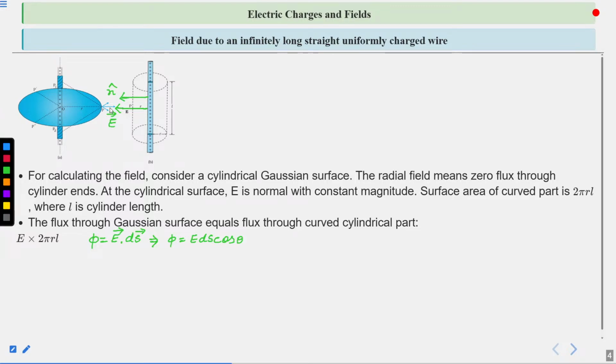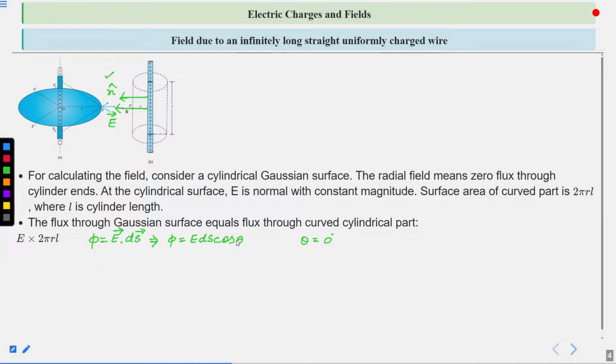It means both are parallel, having the same direction. If both are parallel, theta should be 0 degrees.